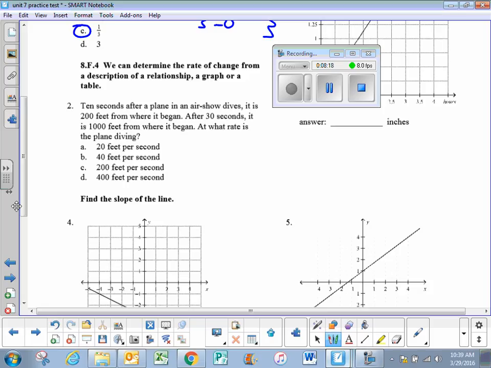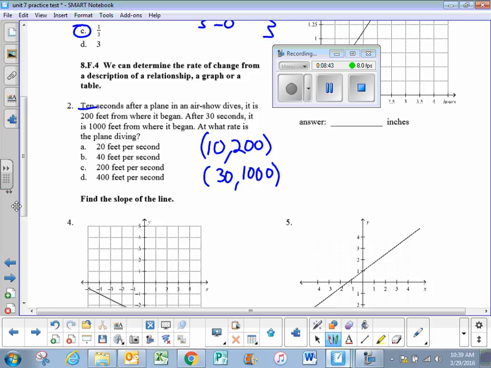Okay, number 2. 10 seconds after a plane in an air show dives, it is 200 feet from where it began. Okay, so what's the ordered pair for that? 10 seconds, it's at 200 feet. At 30 seconds, it's at 1,000 feet. What's its rate?